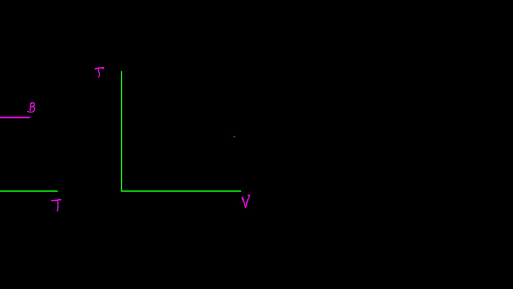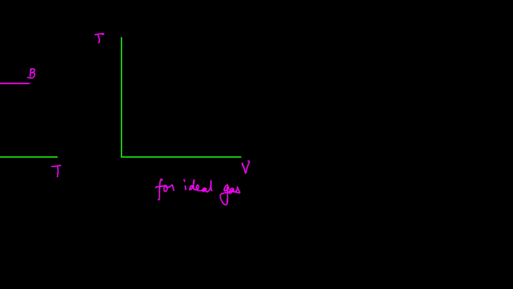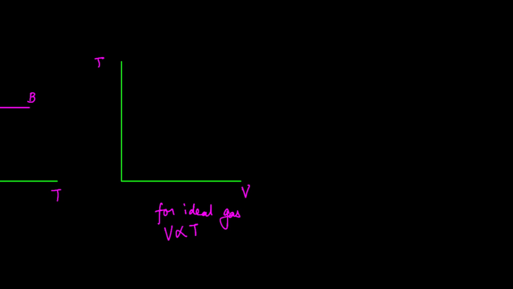Okay, again if this is for ideal gas, then we should have volume proportional to temperature. So again it will be a straight line. Okay, but don't rush. If volume will increase, temperature will also increase.